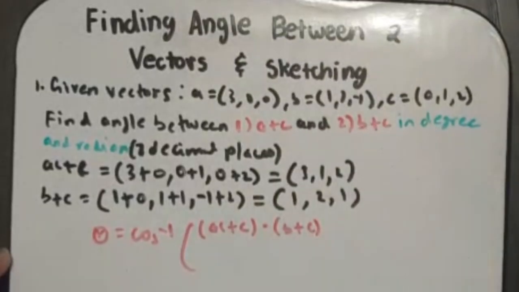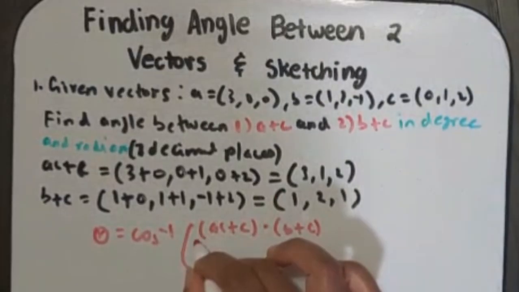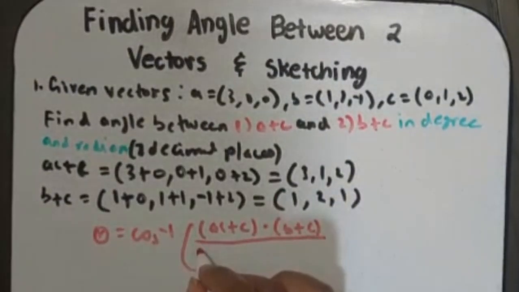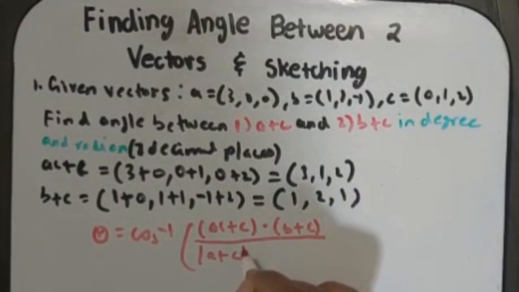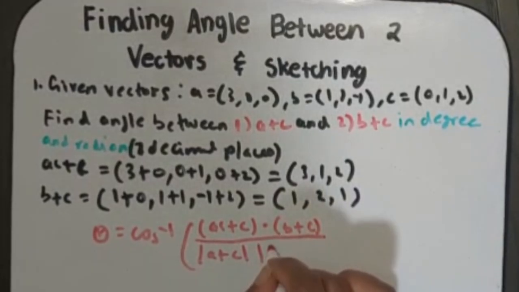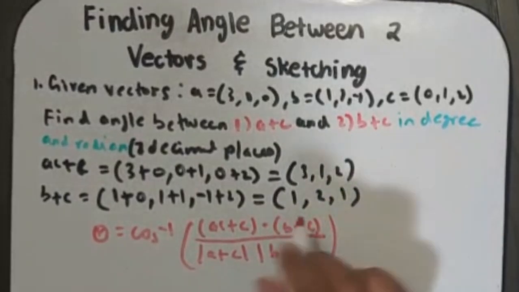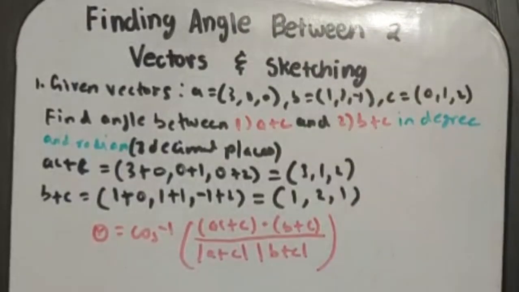If our vectors, for example, were just a and b, we would do a dot b. But here our vectors are a plus c and b plus c. So we do a plus c dot product with b plus c, all over the magnitude of a plus c times the magnitude of b plus c. So here we're not doing the dot product in the denominator. We're multiplying the magnitudes of the two vectors.